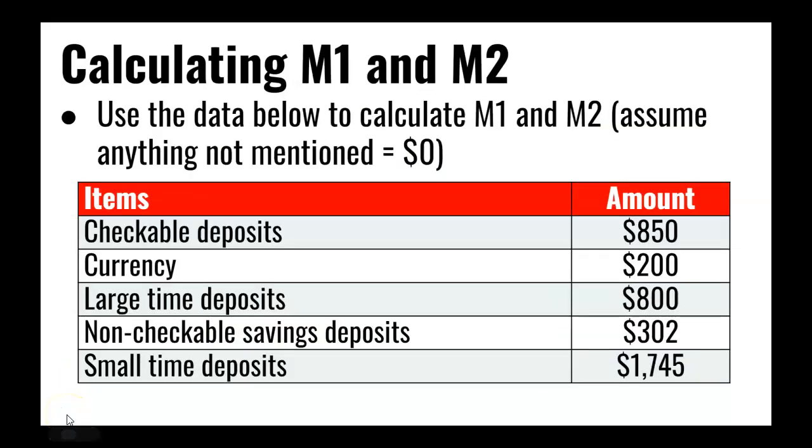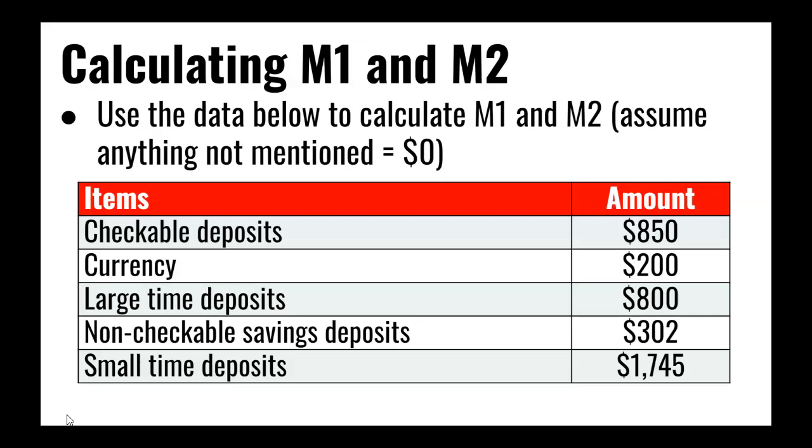You may also face a question that may ask you to calculate M1 and M2 based on a table. So you'll want to get some practice at that. So using the table below, calculate M1 and M2, assuming anything not mentioned equals 0. Well, we can take a second to think about this. What's M1 versus what's M2 and add them up. Checkable deposits, M1. Currency, M1. Large time deposits, not M1.